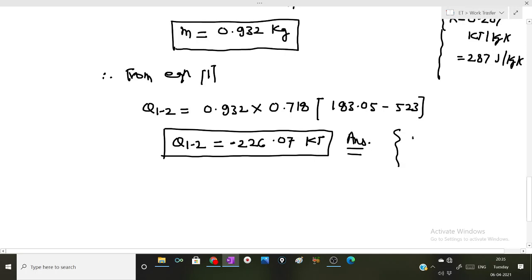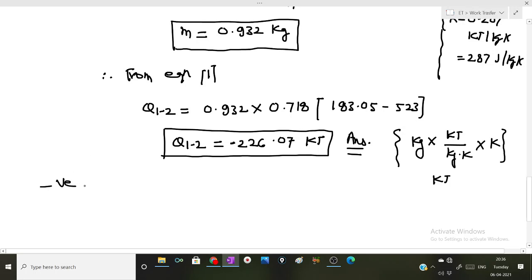You can also do the unit calculation. Mass unit is kg, Cv is kilojoule per kg per Kelvin, and the unit of temperature difference I can consider in Kelvin. So this I will get in kilojoule. Now here a negative sign is appearing.